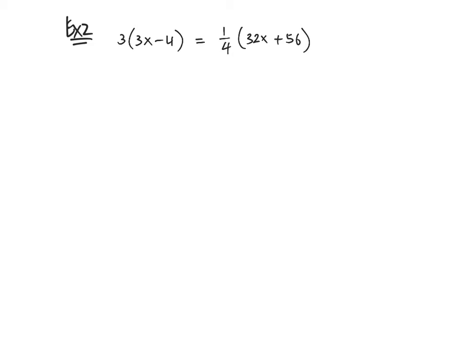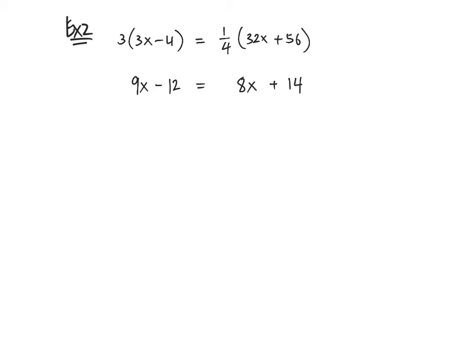So on the left side, we could distribute the 3. So 3 times 3x gives us 9x. 3 times minus 4 is minus 12. And then over here, 1/4 of 32, so that's 32 divided by 4, is 8x. And then 56 divided by 4 is 14.